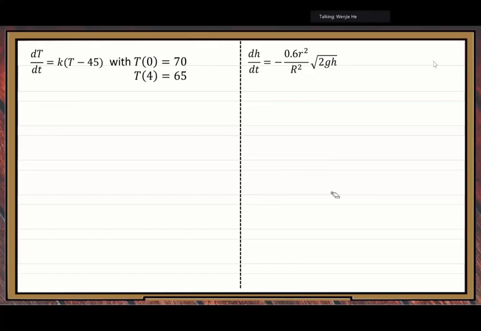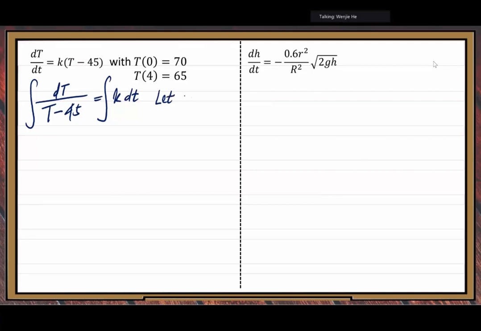Pretty easy, straightforward. We can write the separable version, put k together with dt, then take the integral of both sides.